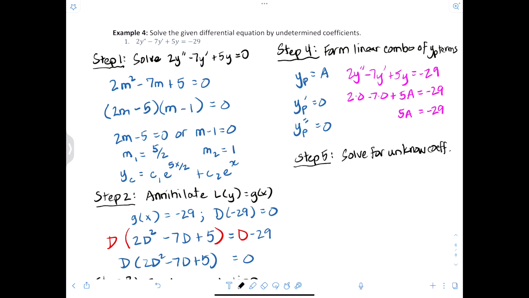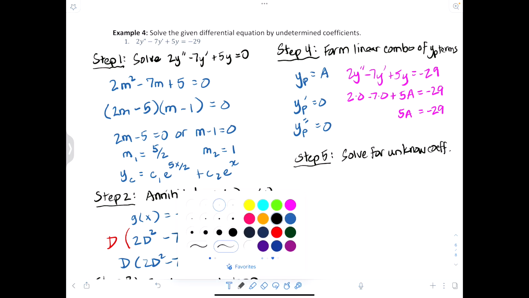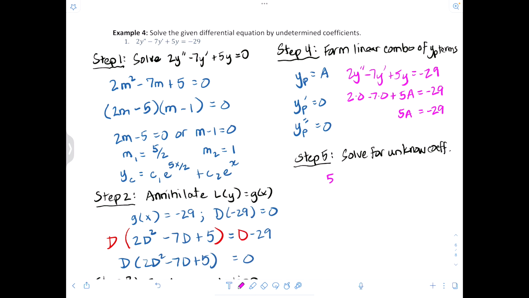Solve for unknown coefficients. The only unknown coefficient is the constant coefficient, so this one ends up being an easier one. It only has one equation, one unknown. So we end up getting a is negative 29/5.